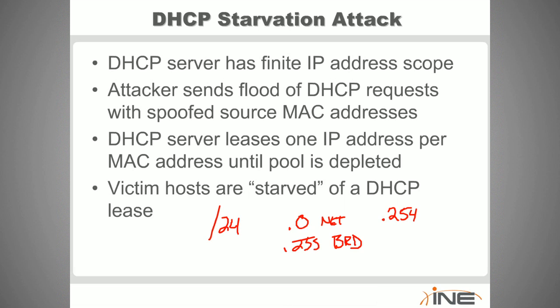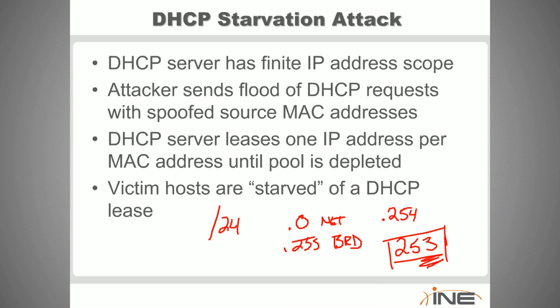This means that most likely at a maximum, we're probably going to have 253 addresses in the scope. A best case scenario, that's going to be probably the largest size of the scope on a /24 network. So the attacker in this type of case simply sends out 253 DHCP requests. And the server keeps offering them over and over and over until the entire address space is depleted.